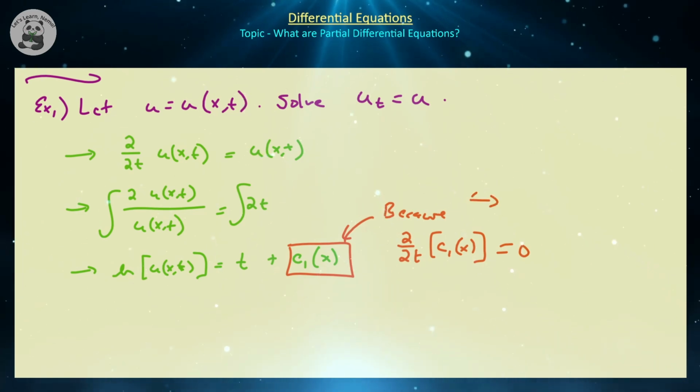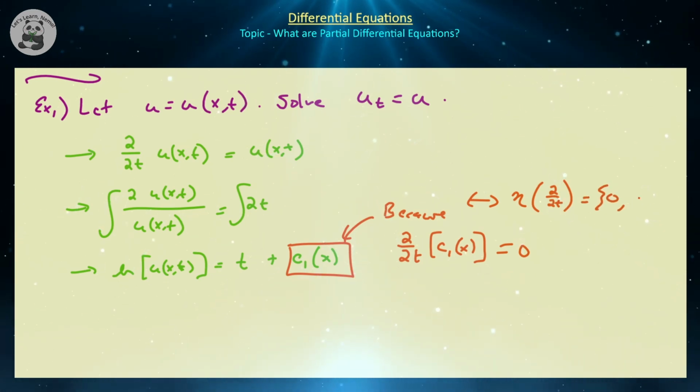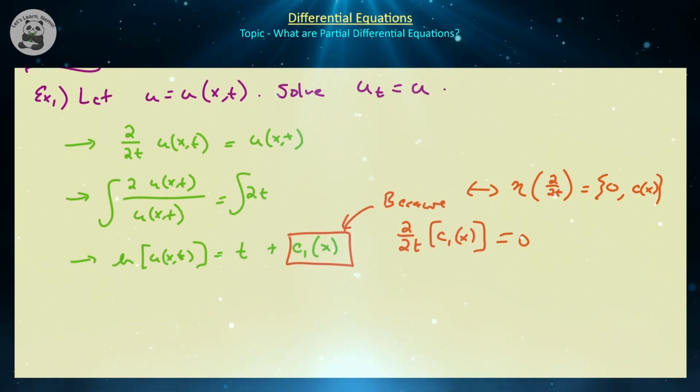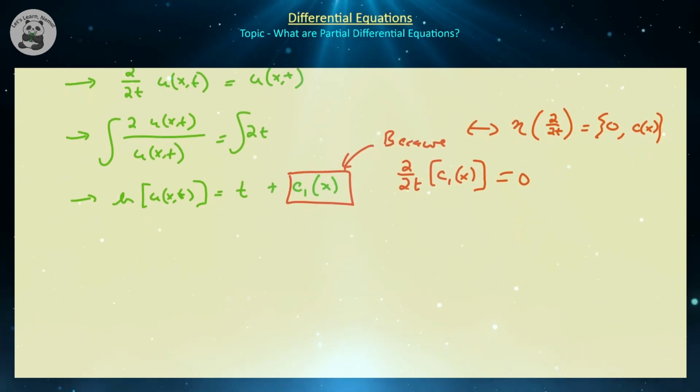So in some sense you can view the null space of the partial time operator as the set 0 and the set of all functions containing x only. Since it doesn't have t, it's a constant as far as t is concerned. So c1(x) is practically the null space of the time partial derivative operator.